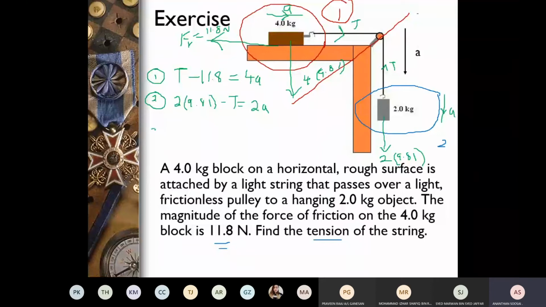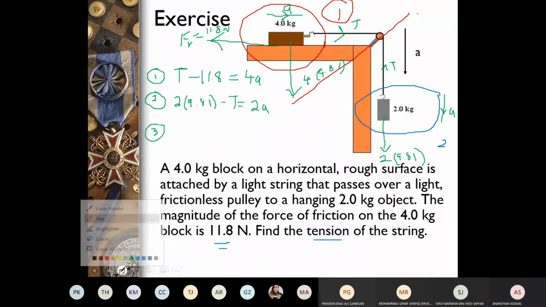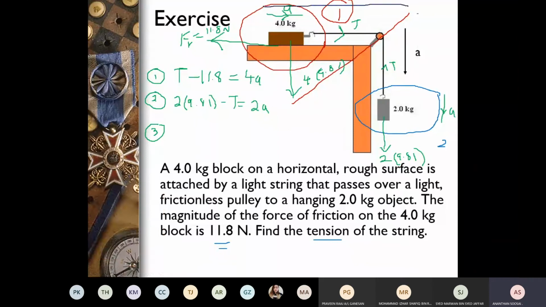And the third equation, anyone? Combining all three of them, what equation are you going to get? Combining the entire thing as one system, what is the force pulling it down? The 2 times 9.81. What is the force opposing it? Friction.